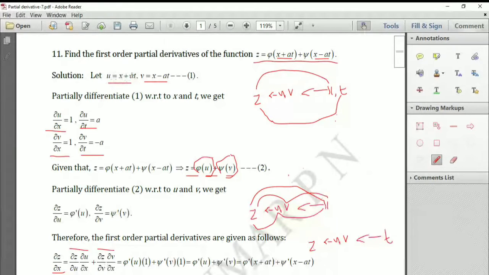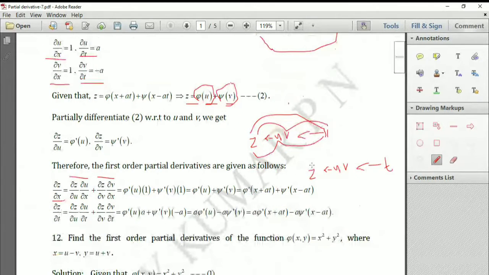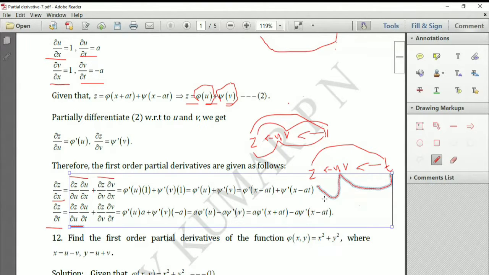Because whenever t changes, u value also changes, v also changes, therefore z also changes. That's why we have to find dou z by dou t. What is your dou z by dou t? It is dou z by dou u into dou u by dou t. That is your first term, plus dou z by dou v into dou v by dou t. That is another term, second term. Will you agree?